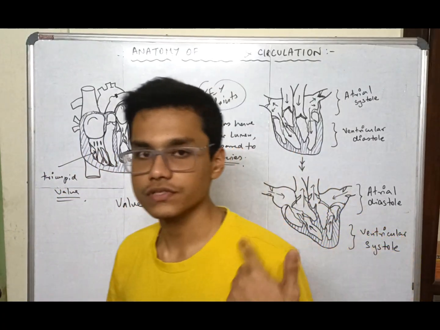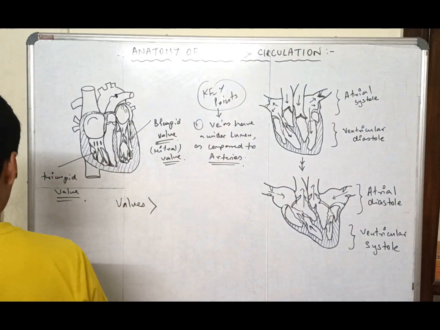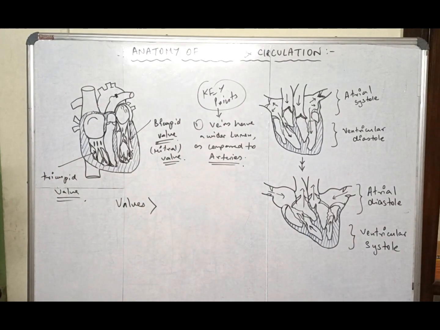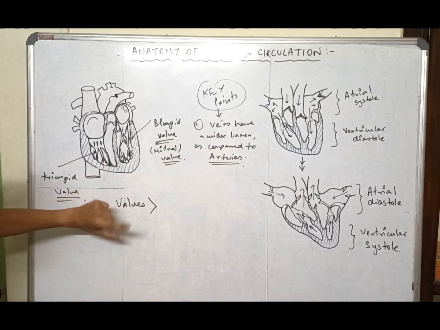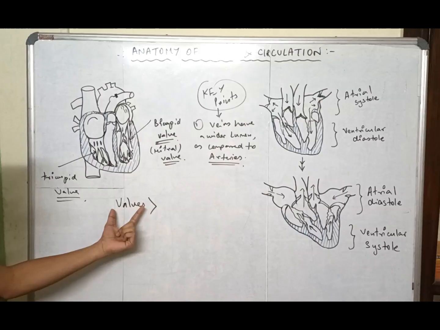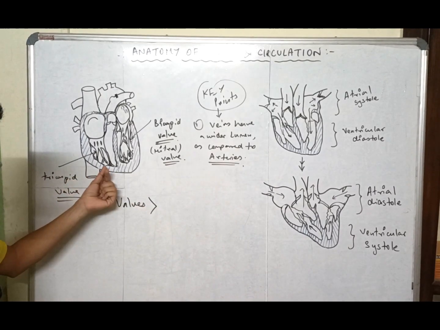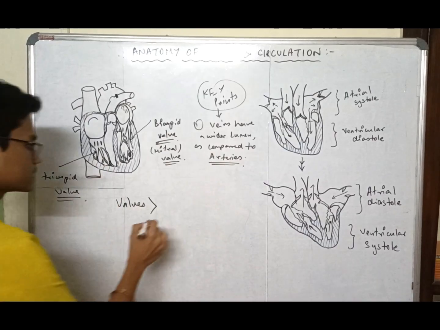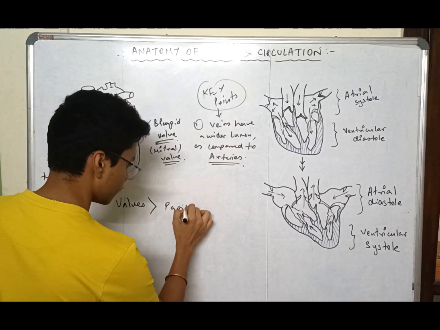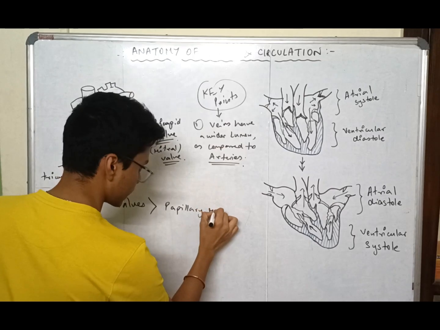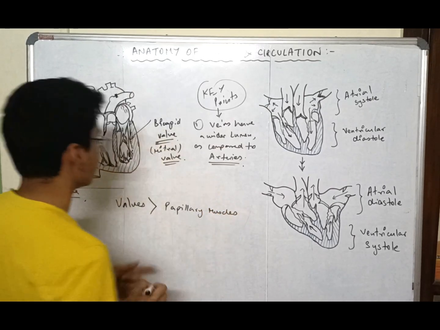Pause the video and think. Use your common sense. Okay, done. So actually valves arise from external points of the projections of the septum known as papillary muscles. Very good. If you have guessed it right, then very good. Papillary muscles.